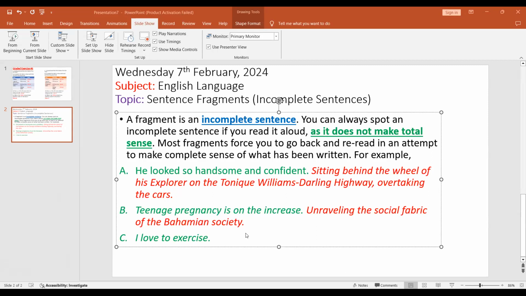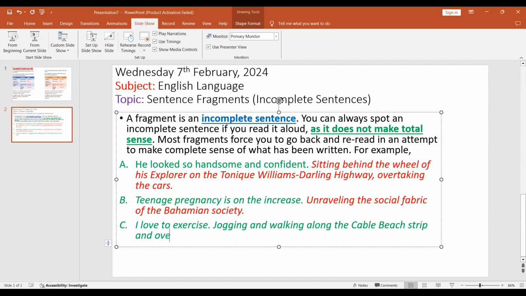Okay, jogging and walking along the Cable Beach strip and over the bridges leading to and from Paradise Island.